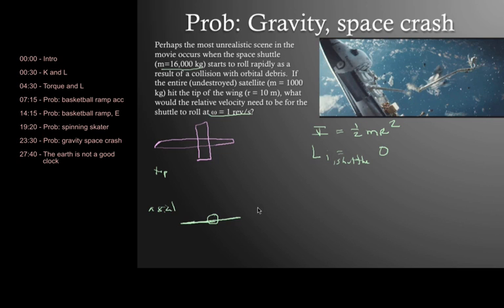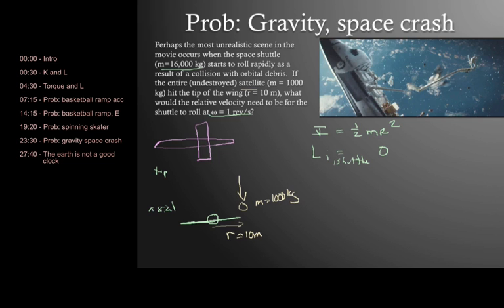And then now, here comes our space debris. Let's just consider that all of the satellite that was destroyed, its entire mass hits right on the tip of this space shuttle. So this radius is about 10 meters. This guy's mass is about 1,000 kilograms.